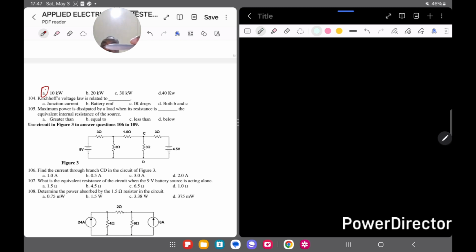Then we have C, IR drops. So we now have D to be both B and C, right? And this kind of makes sense. It relates to both battery EMF and the drops, because they are an algebraic sum.